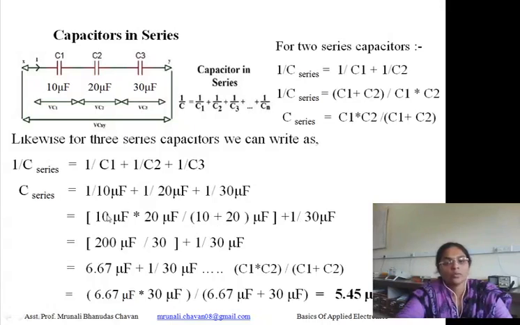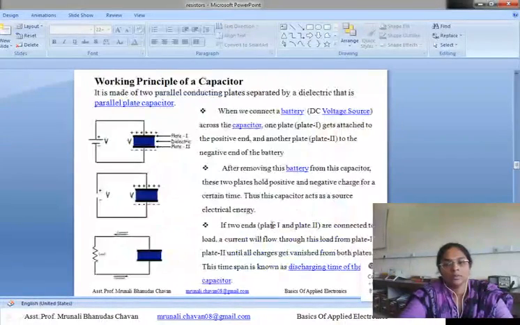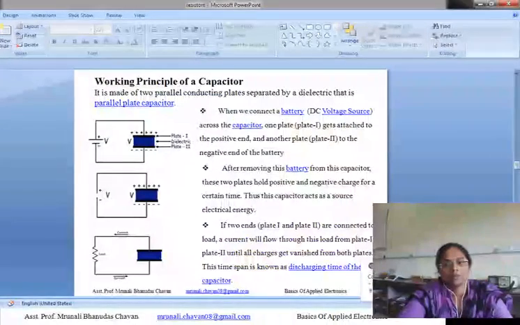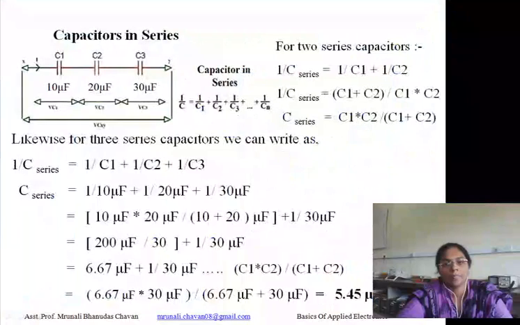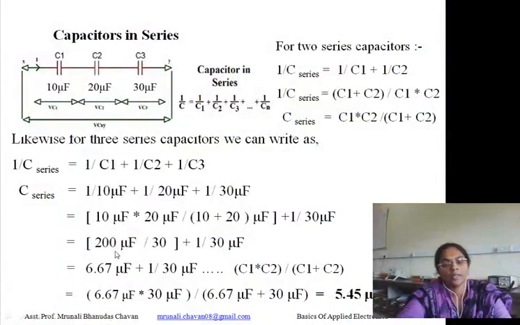So, we know C1 C2 is 10 microfarad into 20 microfarad divided by 10 plus 20 microfarad. If we calculate this, we get the value for 2 capacitors as 6.67 microfarad, plus 1 by 30 microfarad.